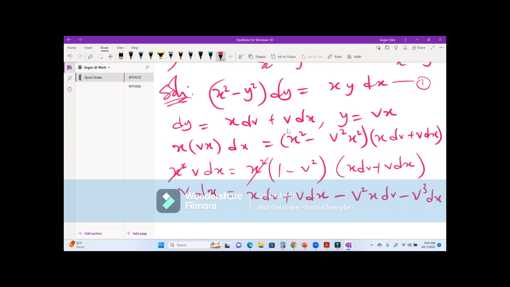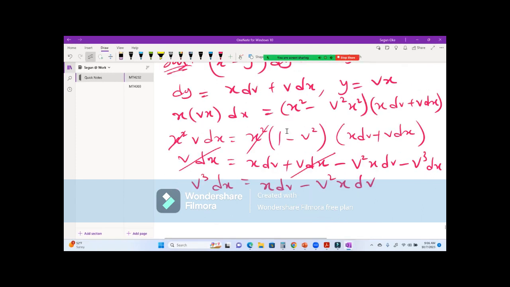So you discover that some things we cross out. Like this, we go with this. So I have what? Take this one to the other side, we have v cubed dx equals to x dv minus v squared x dv.